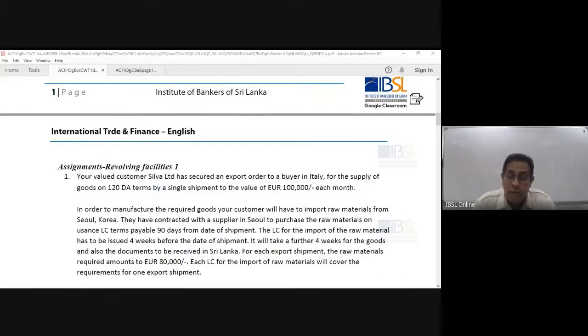Right. This is how the question goes. A Sri Lanka exporter, Kerry Limited, wishes to export shoes to Germany, and the shipment is to be made from the port of Colombo to Hamburg. And the buyer wants the exporter to arrange and pay the sea freight. Identify the trade terms as per Incoterms Rules 2010.